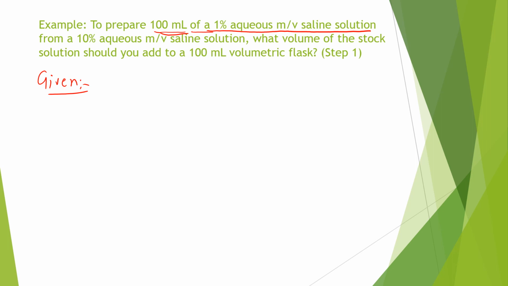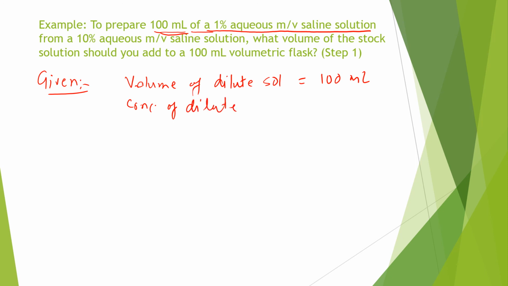So this would be the volume of dilute solution which we want to prepare, V2 equals 100 ml. That is what we want to prepare. And the concentration of dilute solution which we want to prepare is 1% mass over volume from a 10% aqueous mass over volume solution.